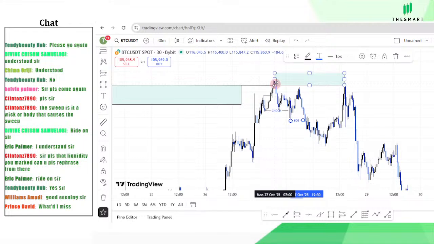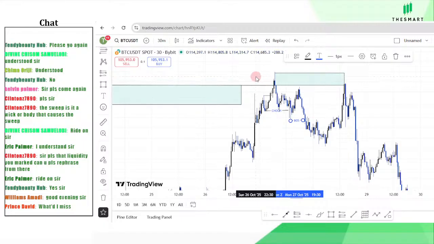Price will definitely reverse, because the main aim of a sweep in the market is just to take out maybe early sellers or early buyers. Market gets to take out all of their stop losses. That is what I defined as liquidity, where we talked about what liquidity is. If you can remember vividly, we said liquidity is money in the market. In simple terms, liquidity is money.